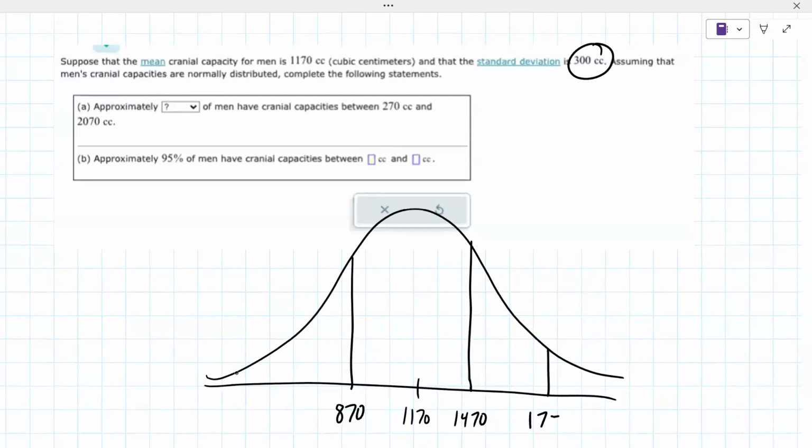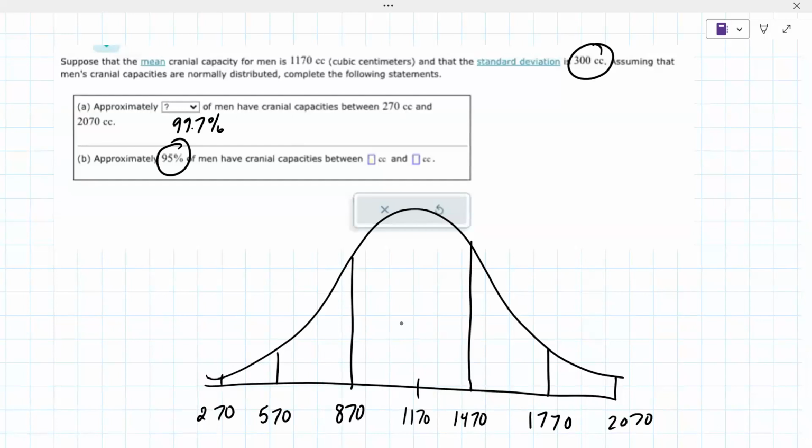If we go another, that's 1770 and then 570. And another, that's 2070 and then 270. So to get to 270 and 2070, that's 3 standard deviations, and that's 99.7%.